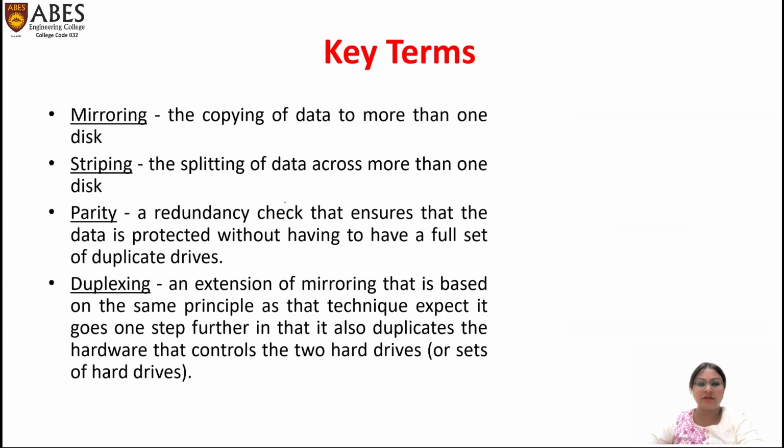There are various terms that are used in RAID. The first term is mirroring. Mirroring means copying of data from one drive to one or more other drives or disks. Striping means splitting of data across one or more disks.